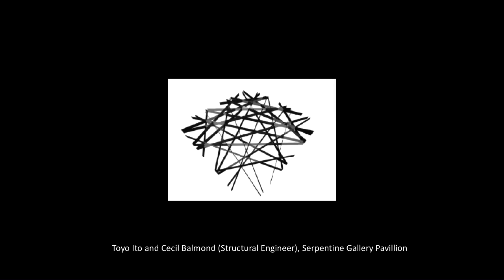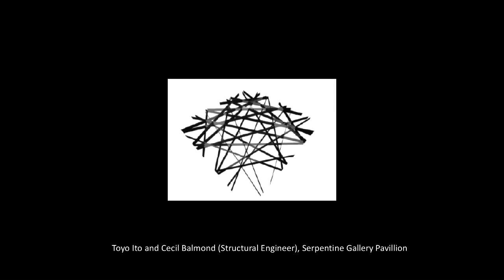So Ito wants to push his tectonic boundaries, but he has to do it in close collaboration with the structural engineer to see what will work and what will not work, and that's fine. That helps. It's not just this idea of the sole architect. It needs to be this kind of collaboration of expertise, to drive architecture forward.